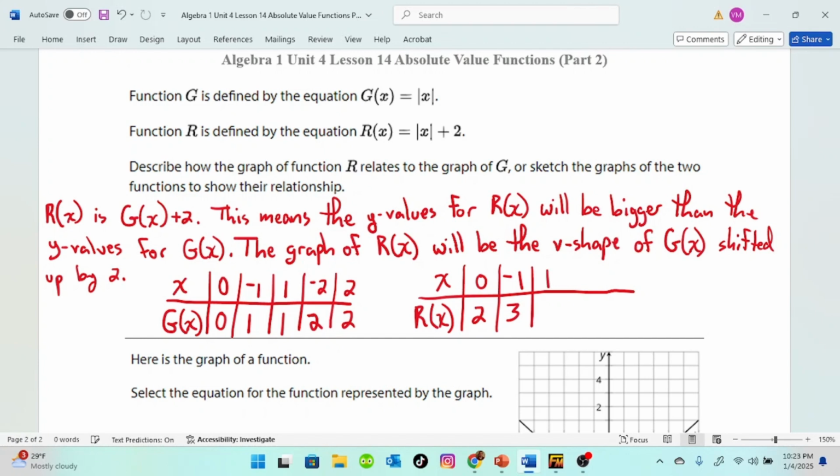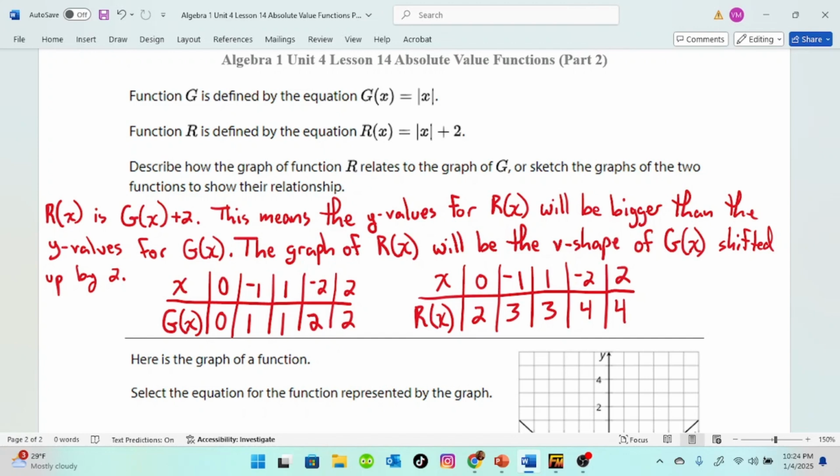When x is 1, absolute value of 1 is 1, plus 2 is also 3. When x is negative 2, the absolute value of negative 2 is 2, plus 2 is 4. And if x is 2, the absolute value of 2 is 2, plus 2 is 4.